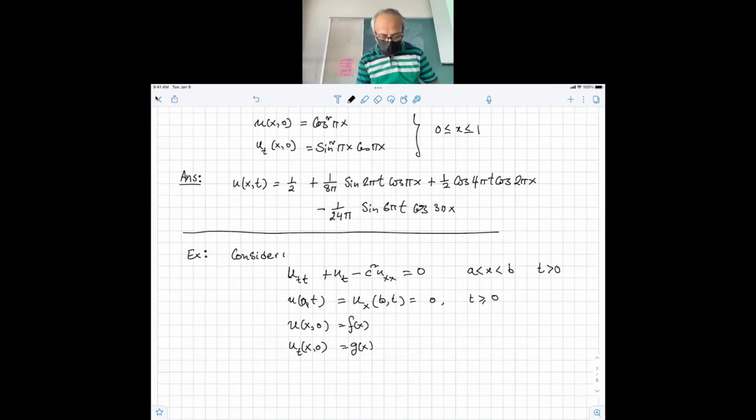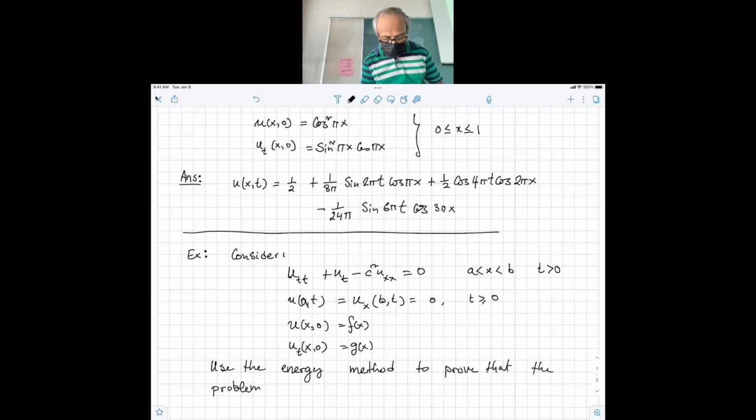Use the energy method to prove that the problem has a unique solution.